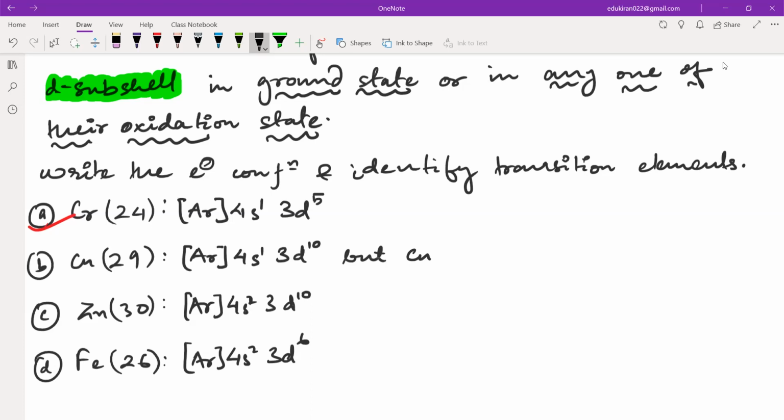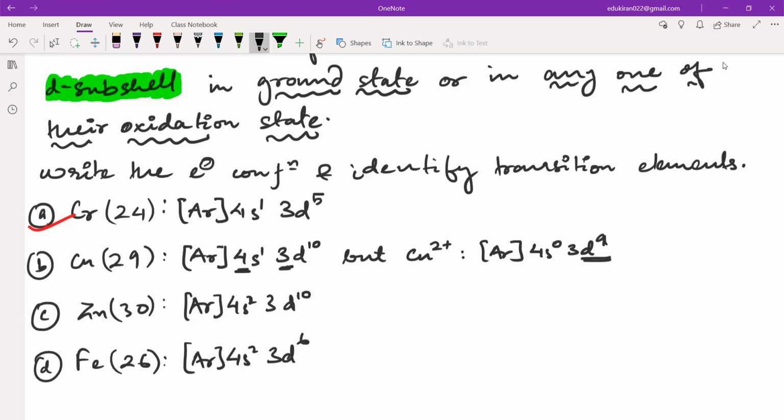So Cu2+ electronic configuration will be argon 4s0 3d9, because the first electron is removed from the S subshell, as it is the outermost, the fourth shell, and 3 is inside. So you can see here in its common oxidation state, that is +2, it has an incomplete D subshell.